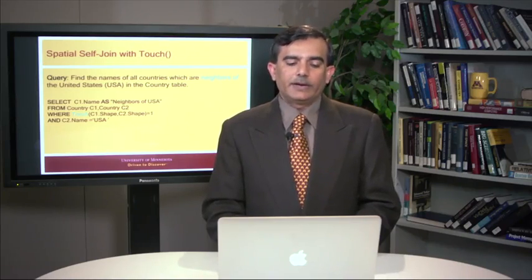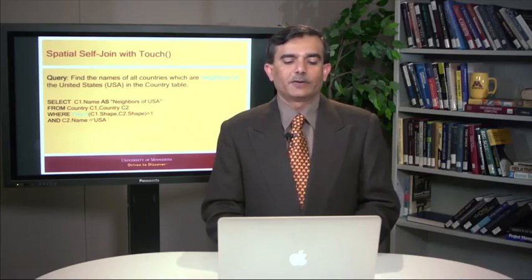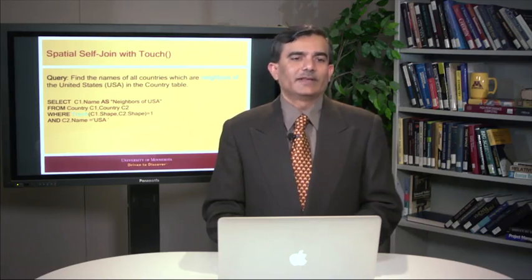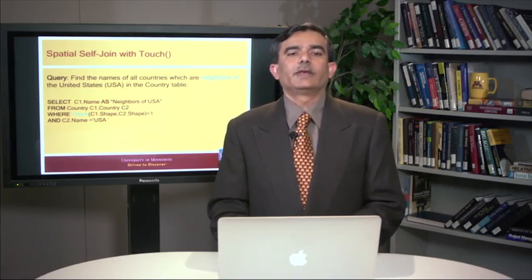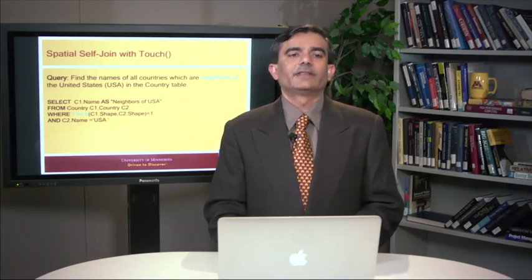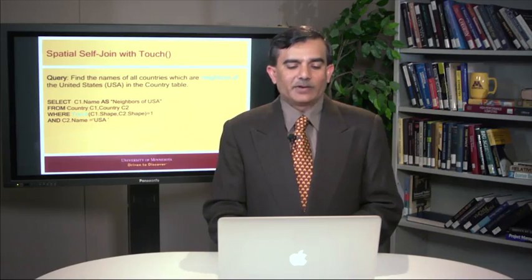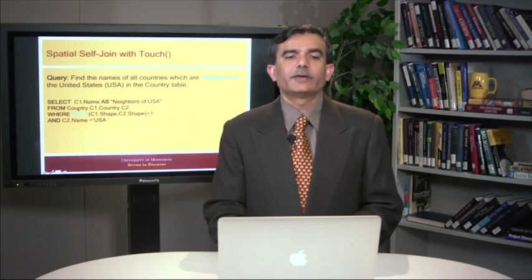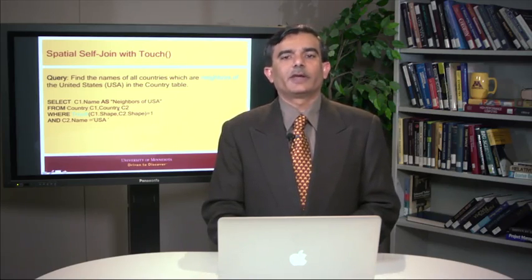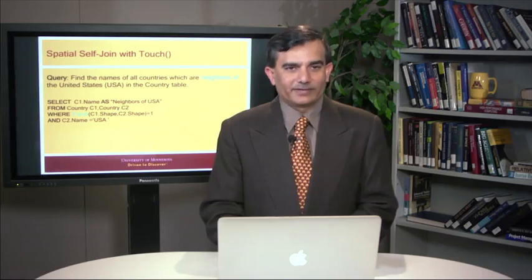Now, if you are really looking for details here, then you may find one small issue with this answer. So if you think about, let's say, country USA, will that be in the list of this answer? It may be, because there will be a pair which takes USA from the first copy of country and USA from the second copy of country, forms a pair, and the boundaries will intersect.